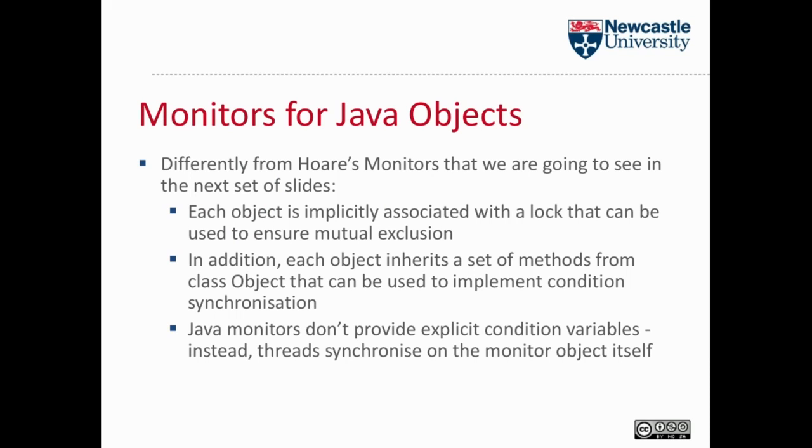As you were seeing today, each object is already associated with a lock that can also be used to ensure mutual exclusion. We've seen that if you are inside a class, you could use this, and that will be the object on which you're doing the mutual exclusion. But in addition, you're also inheriting other methods that can be used for synchronization techniques.